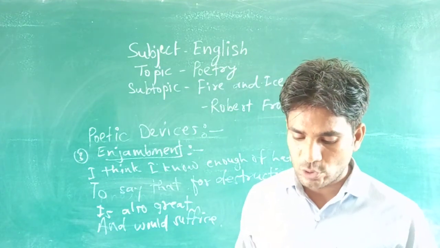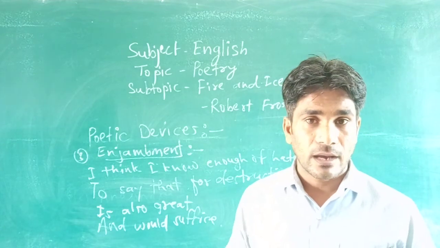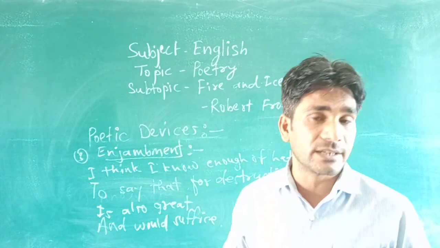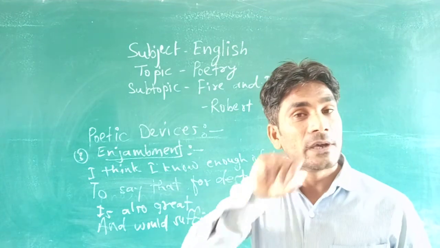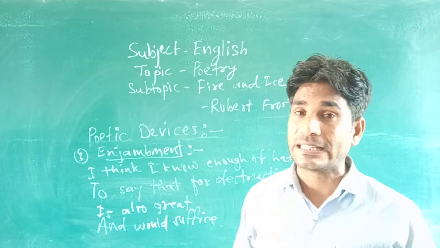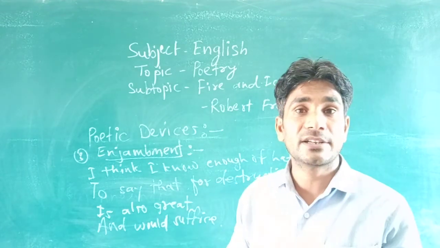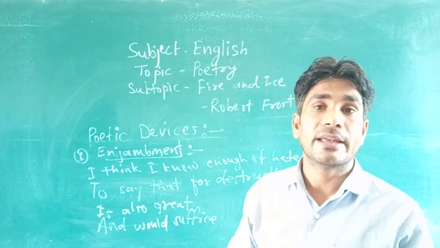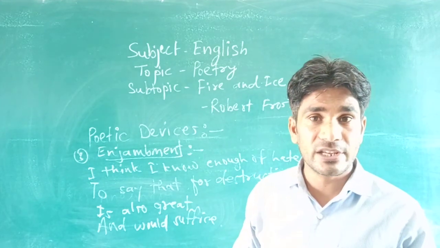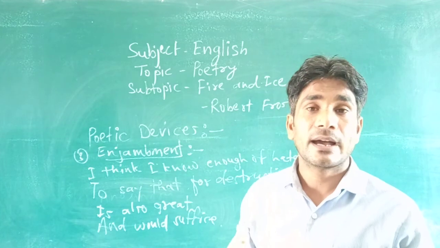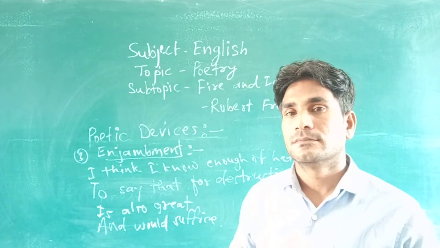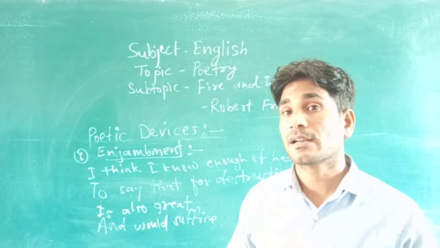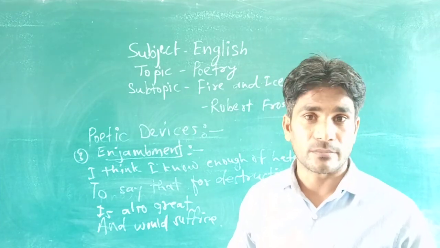I hold with those who favor fire. The O sound is repeated in this line. So it is assonance. So in this way, alliteration, anaphora, enjambment, imagery, symbolism and assonance are the figures of speech that are used in this poem.